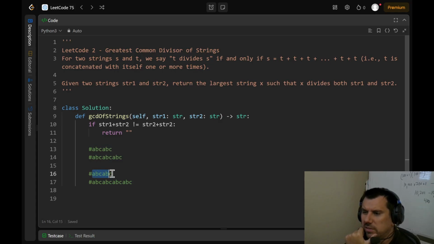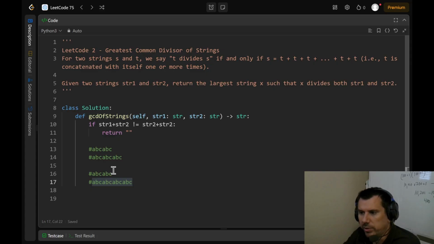But in this case, even though I created both of these by just copying and pasting ABC, because there's 2 of them and then there's 4 of them, ABC ABC actually divides both of them. And the reason for that has to do with the fact that you can offload all of the string division onto the actual number properties.